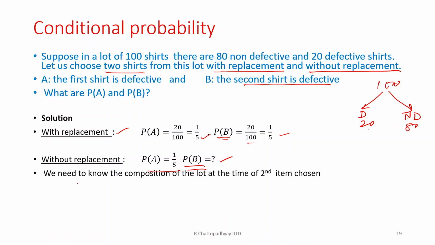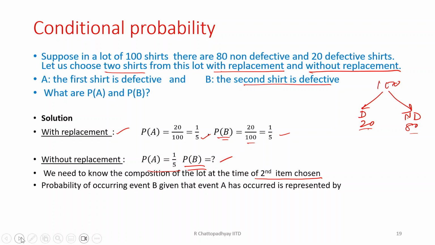We need to know the composition of the lot at the time the second item is chosen. Earlier the composition was, out of 100, 80 non-defective and 20 defective. After the first shirt has been drawn, we have one shirt less, as we are not replacing it back. But is that one shirt coming from defective or non-defective?